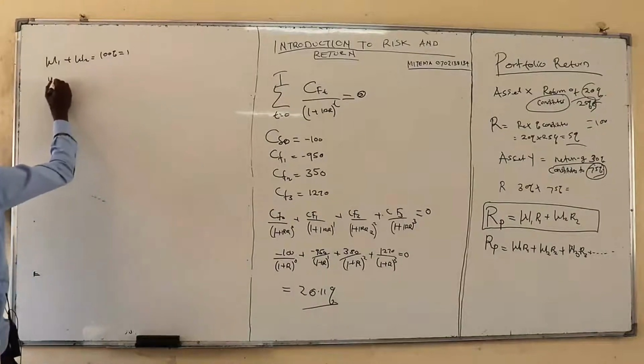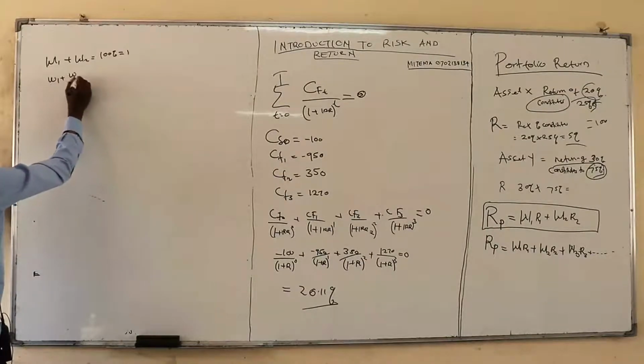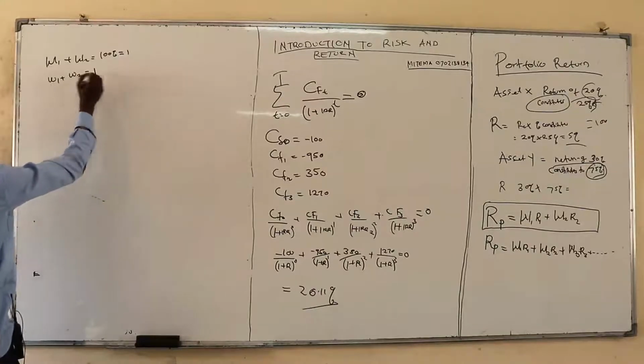So W1, the weight of the first asset, plus W2, the weight of the second asset, should give you 1.